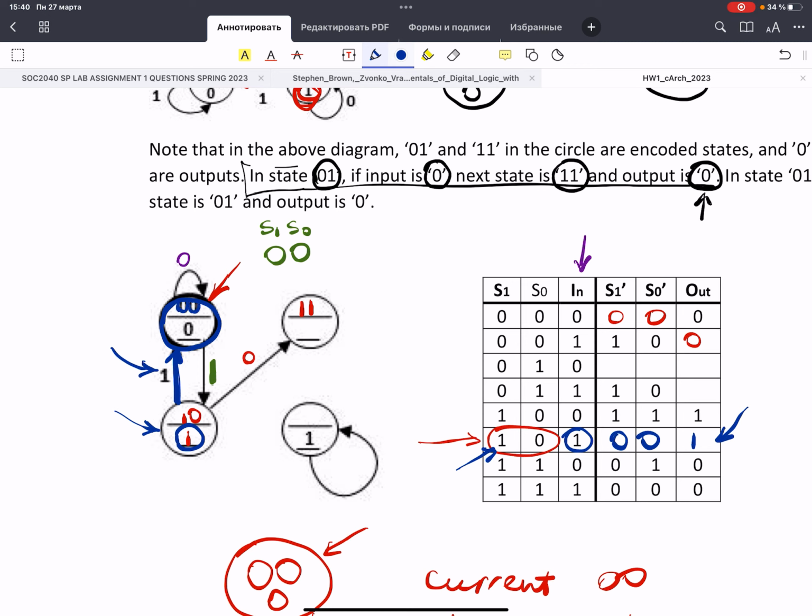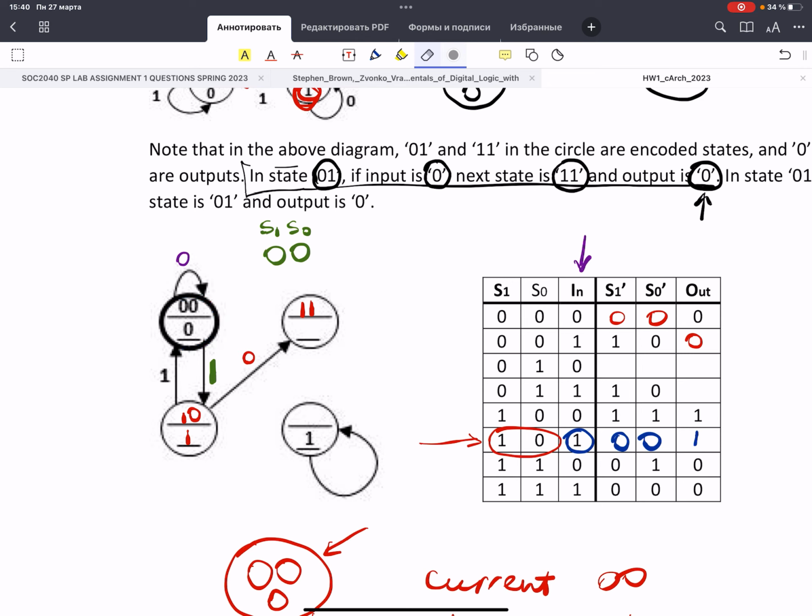The output is under the current state, not the next state. It's not 0, it is 1. Yeah, it's 1 here. So we are constantly filling our truth table.